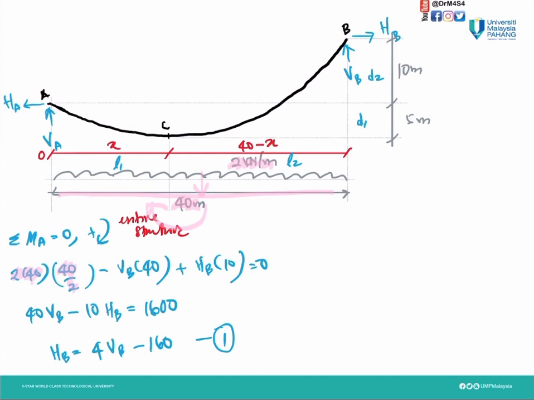Then for VB is going up, to point A is anti-clockwise, therefore negative VB, and perpendicular distance for that is 40 meter. Then for HB, to point A is clockwise, therefore positive HB. Distance for that is 10 meter. So arrange this, we get an equation. So HB equal to 4VB minus 160, we take as equation 1.